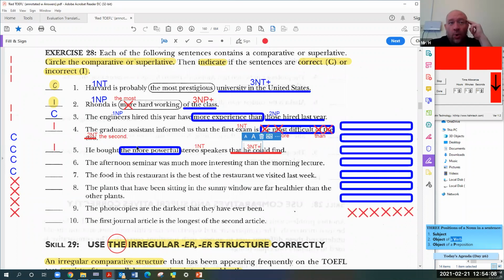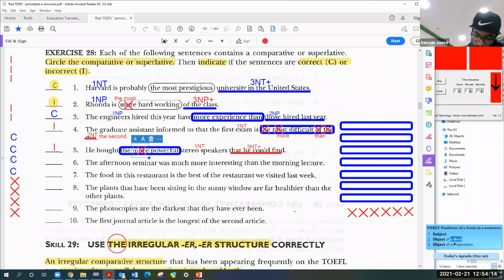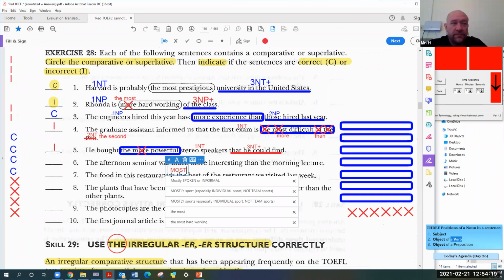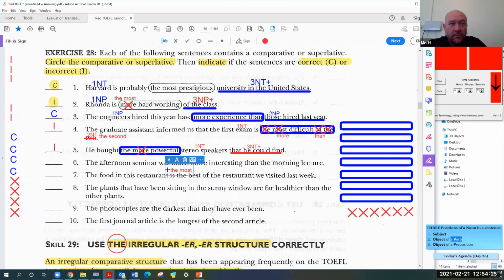So what should it be? Not the more. The most. Exactly. We should say the most. The most powerful speakers that he could find.